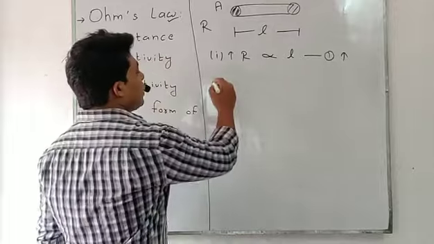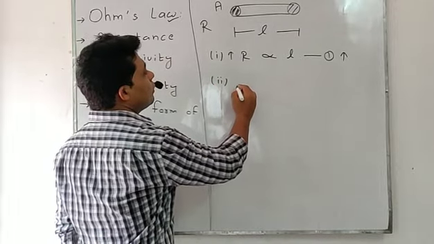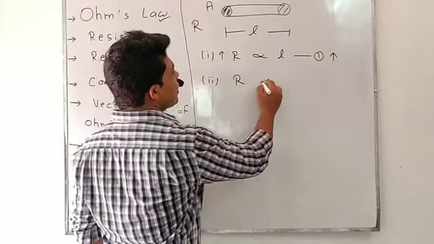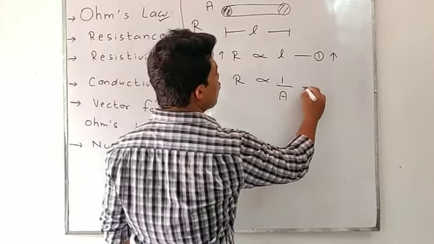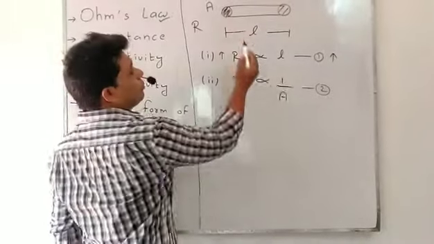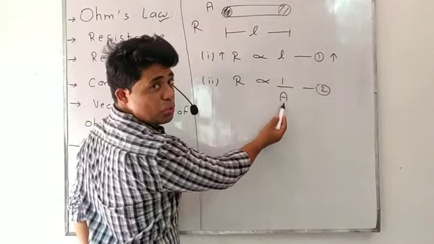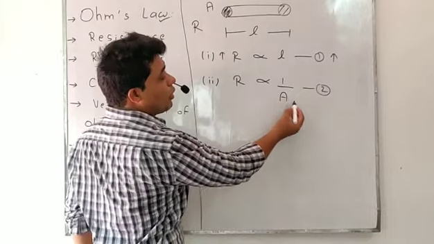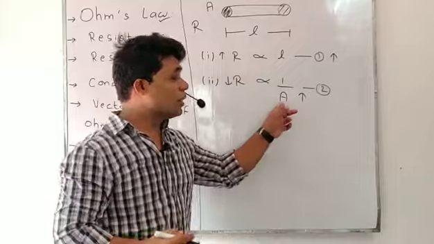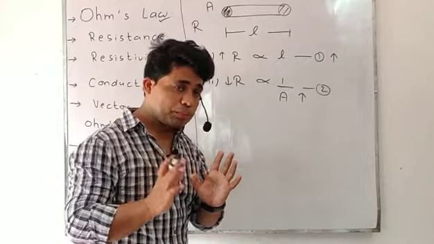Now students, the second point: resistance is inversely proportional to the area of cross section. It means for a thick wire, if area of cross section is more, that will be a thick wire. For a thick wire, resistance will be less, and for a thin wire, resistance will be more.